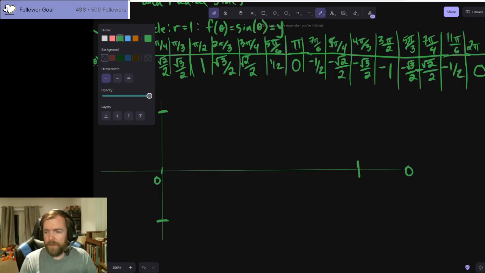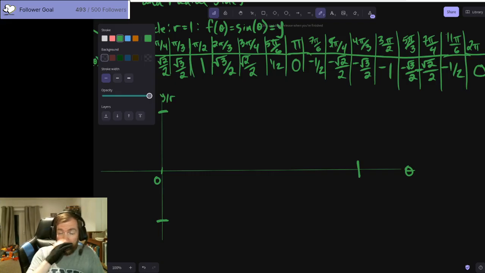All right. So here our axes are going to be theta going across and y over r going up and down. So again, we could call it f and just call it the sine function or whatever, but nonetheless, the point is we're trying to make this the ratio between the vertical and radial sides.